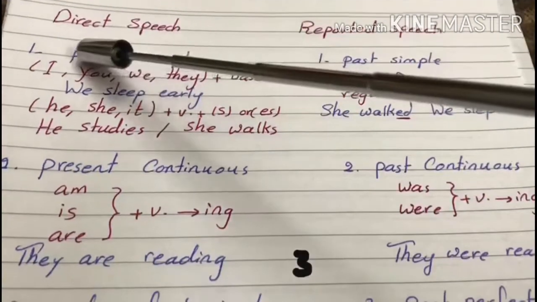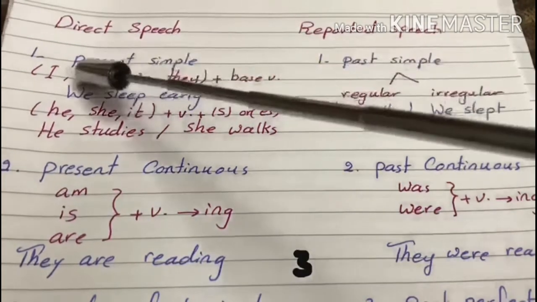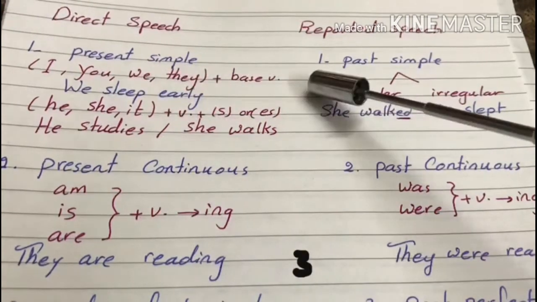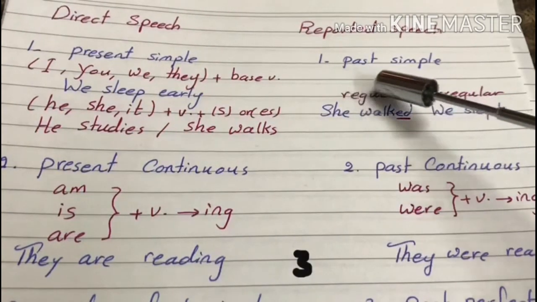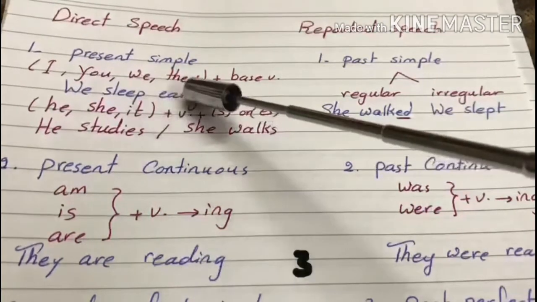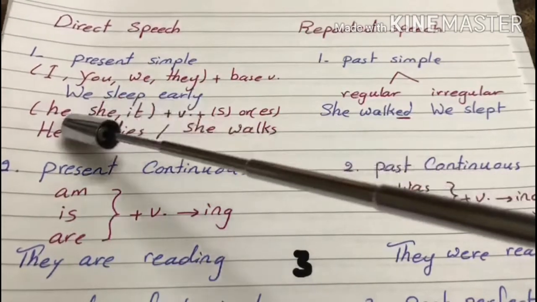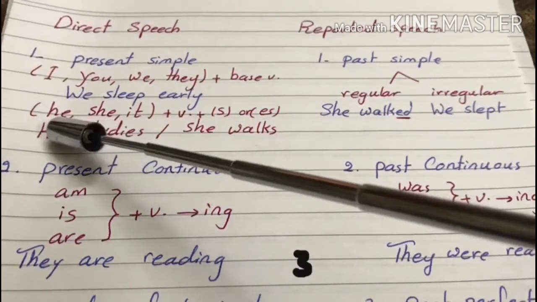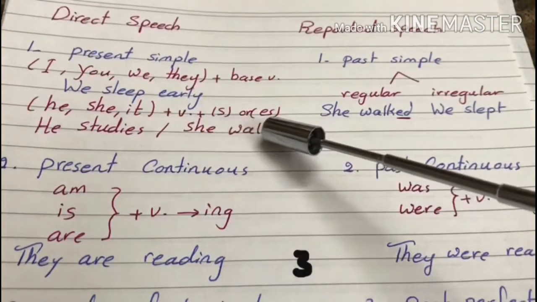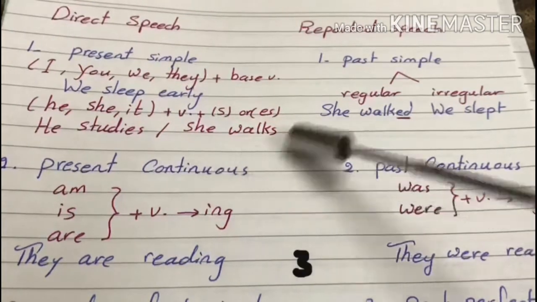Now, let us take some examples about the direct speech and the reported speech. The first tense is the present simple becomes, in the reported speech, past simple, as I said before. The pronouns I, you, we, they take the base verb, just like we sleep early, while the other pronouns he, she, it take the verb plus s or es, like he studies or she walks.